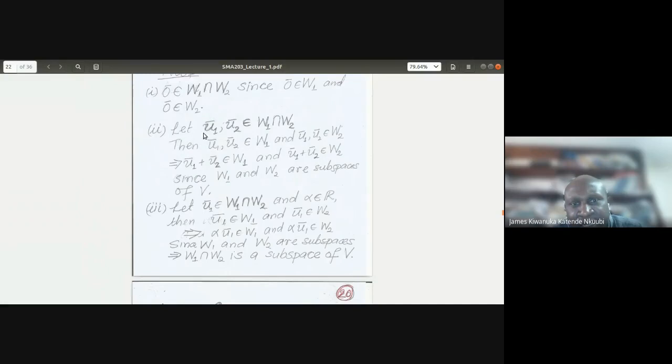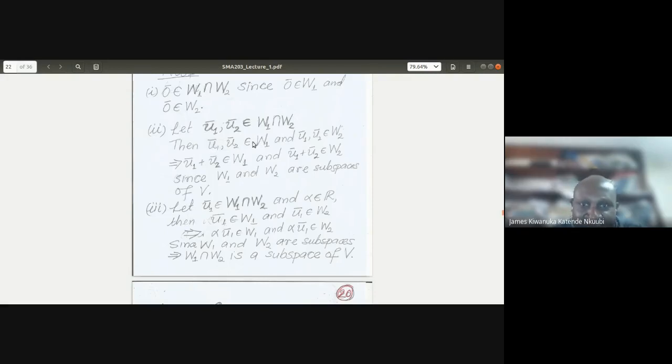The next thing is to show that if you pick any two vectors in the intersection, then their sum will also be in the intersection. So let's pick two vectors, U1 and U2, from the intersection. Then both of them must also be in W1, because if anything is in the intersection of W1 and W2, it must be in both W1 and W2. So both these vectors must be in W1, and also both of them must be in W2. Otherwise, they will not be in the intersection. And remember, W1 and W2 are subspaces.